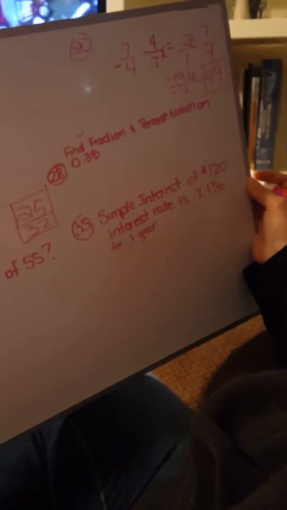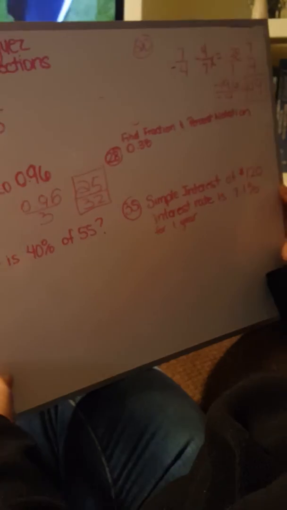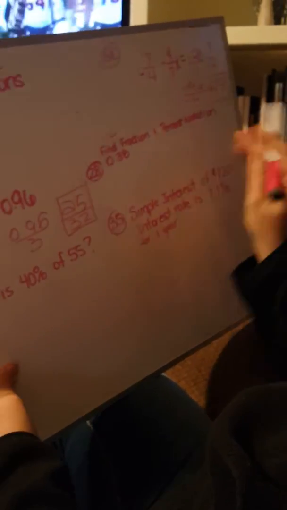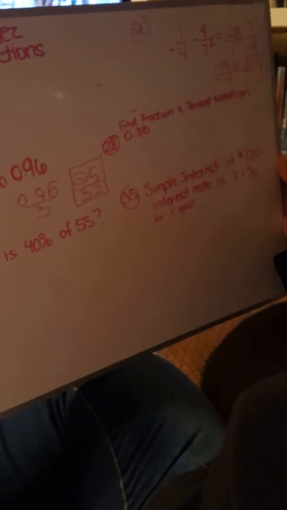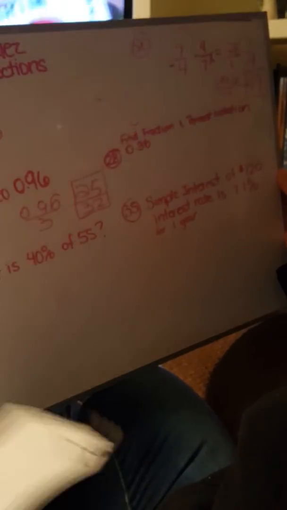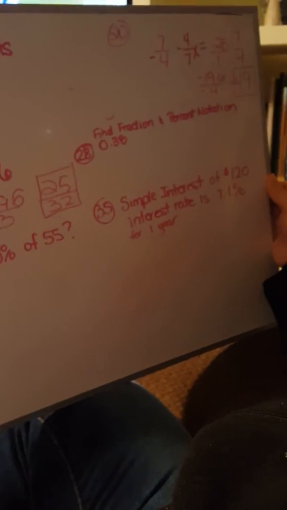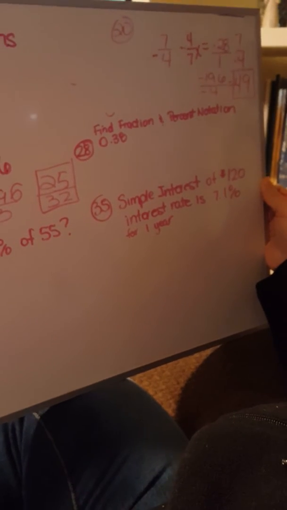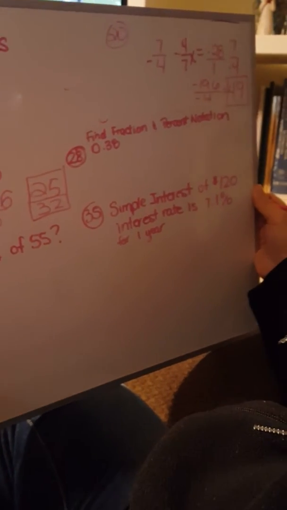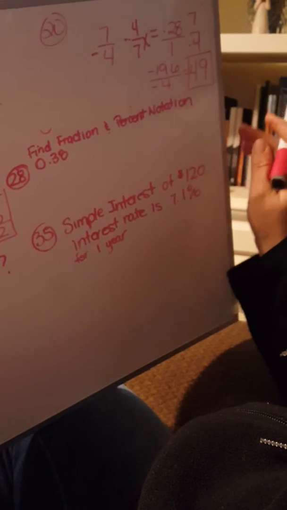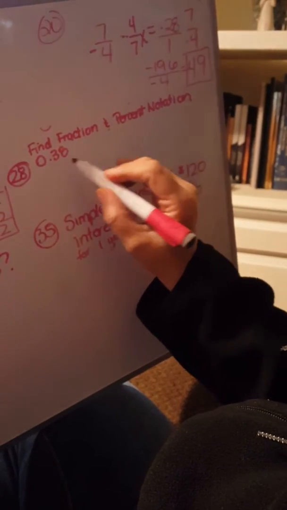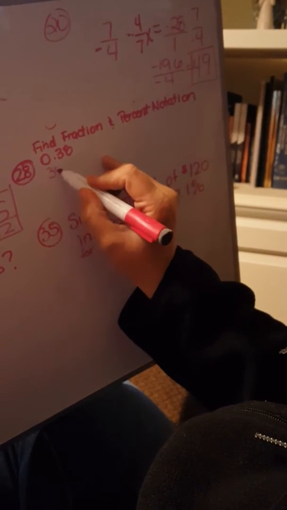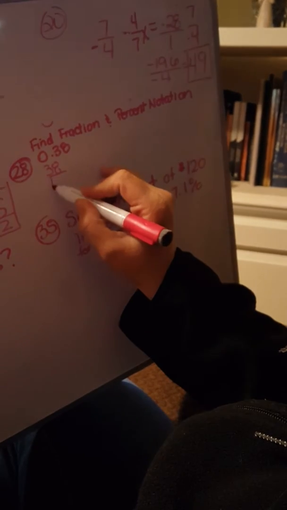Now we have to find the fraction and the percent notation. I think I got the percent notation on this one right. And all I needed to do was, here I got it correct originally, but I didn't simplify to the lowest term. So basically I did 30 over 100 is your fraction, right?